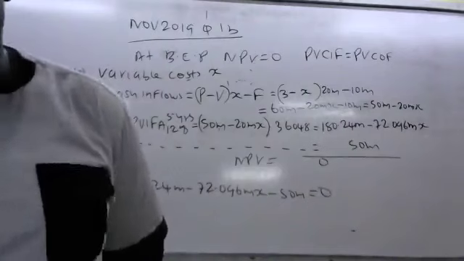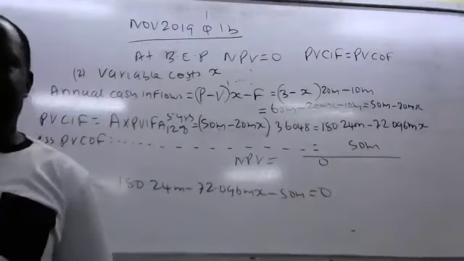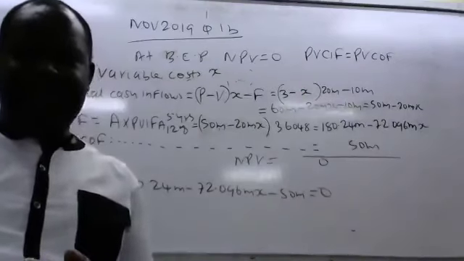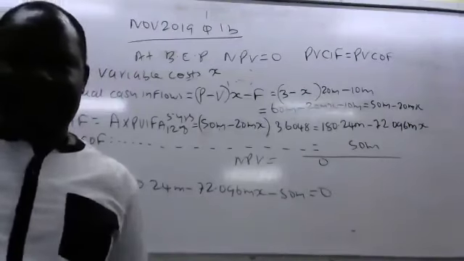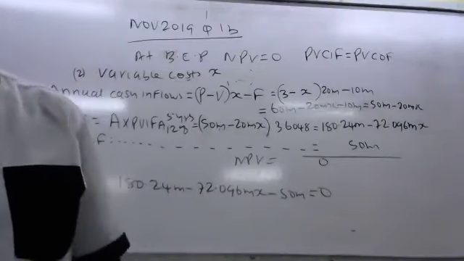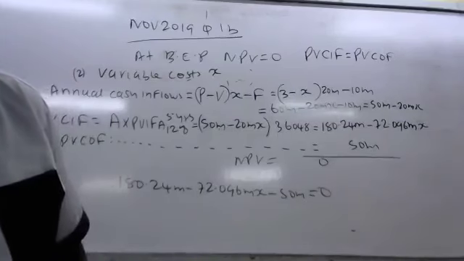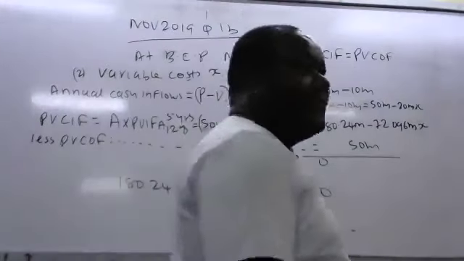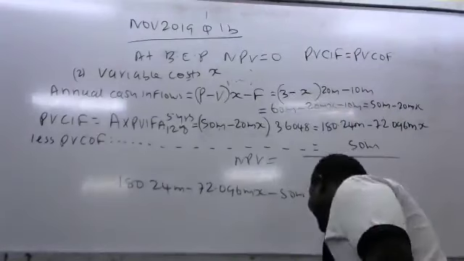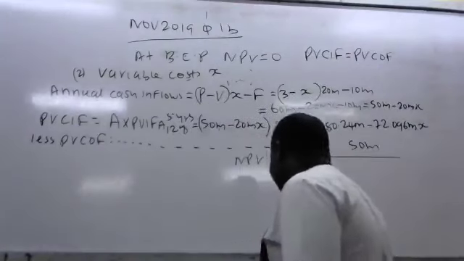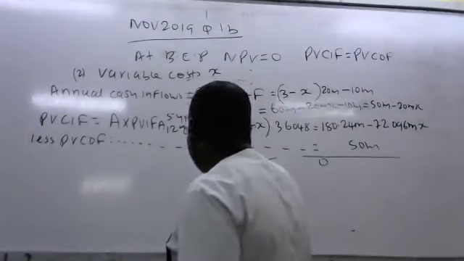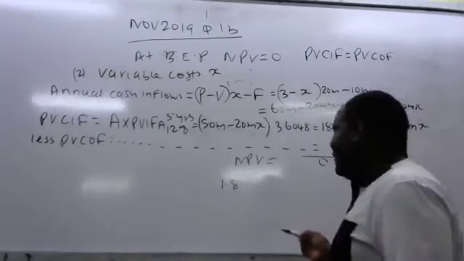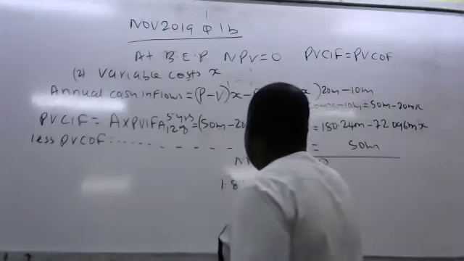So you are getting what percentage? 9.4, 9 points. So you are getting which value? You are getting 1 point. When you round off to 2 decimal places, we get 1.81.